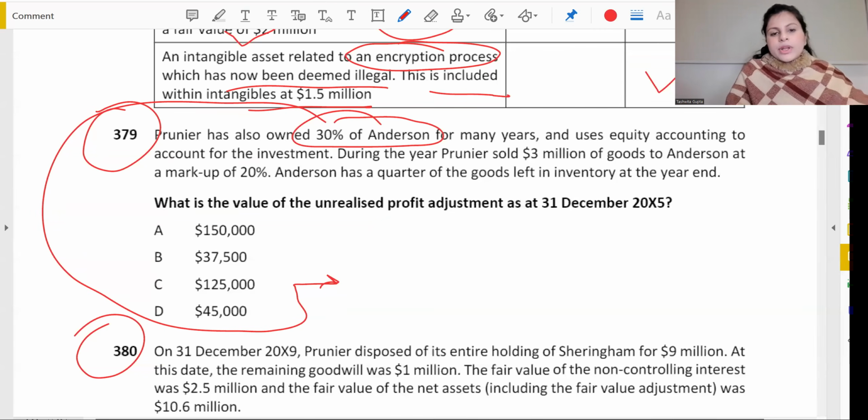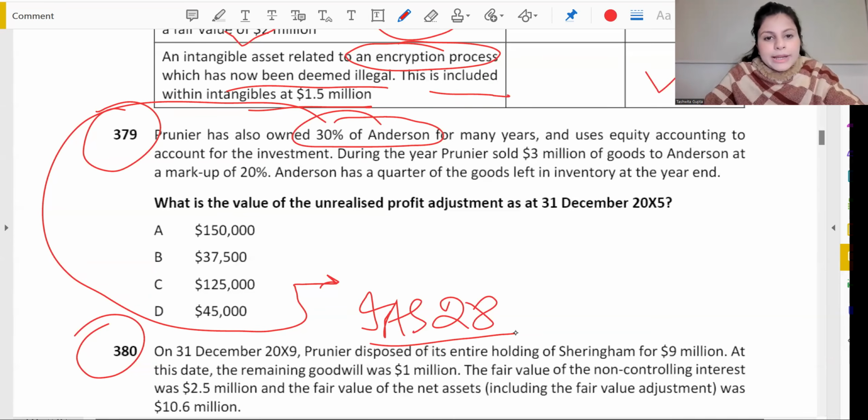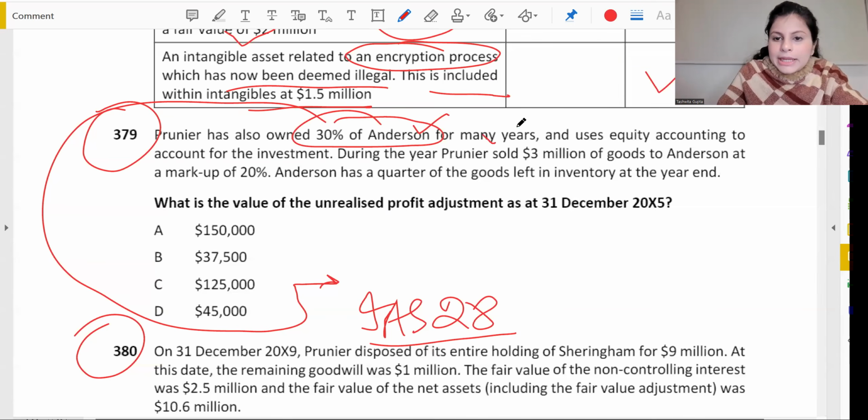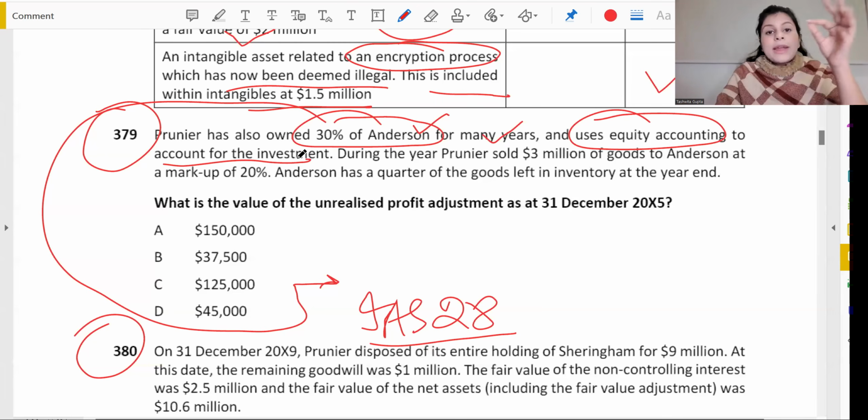IAS 28, equity method of accounting, single line accounting. So I have owned 30% of associate for many years and I use equity accounting under IAS 28 to account for the investment.